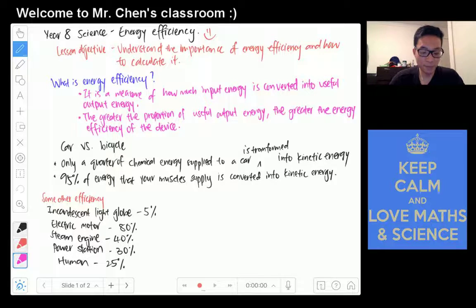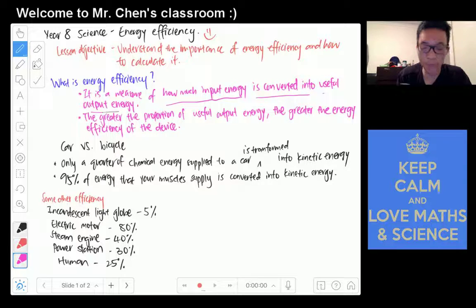Energy efficiency is a measure of how input energy is converted into useful output energy. Output means energy that has been transformed into after the initial phase. The greater the proportion of useful output energy, the greater the energy efficiency of the device.